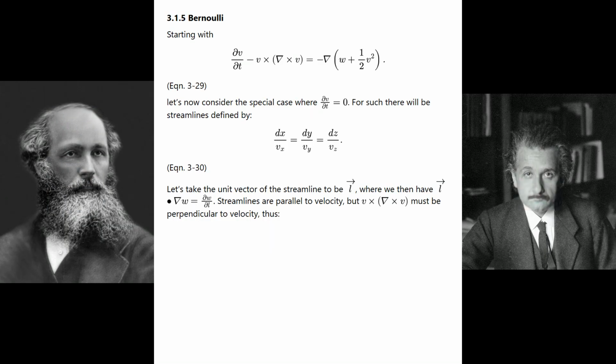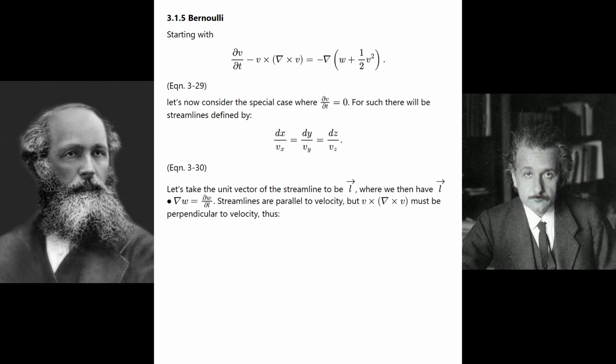3.1.5 Bernoulli. Starting with see equation 3-29. Let's now consider the special case where the partial derivative of v with respect to time equals 0. For such there will be streamlines defined by see equation 3-30.